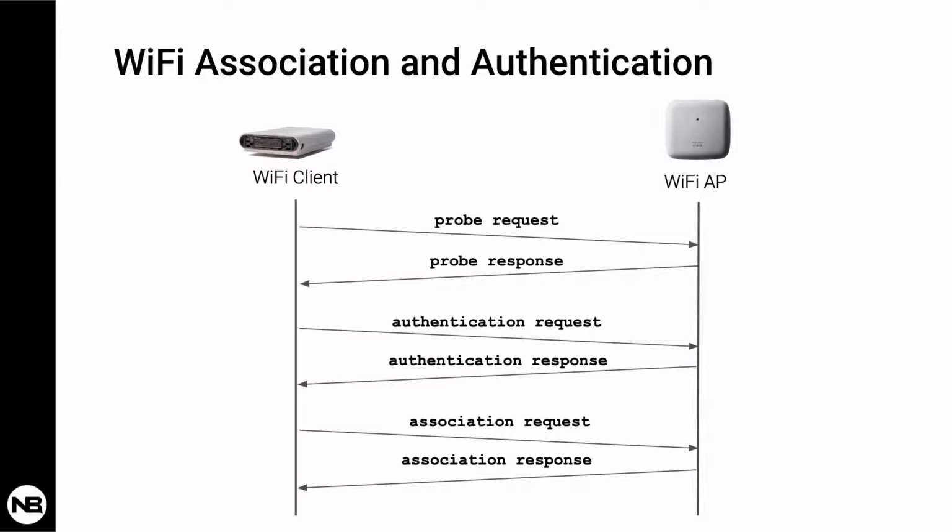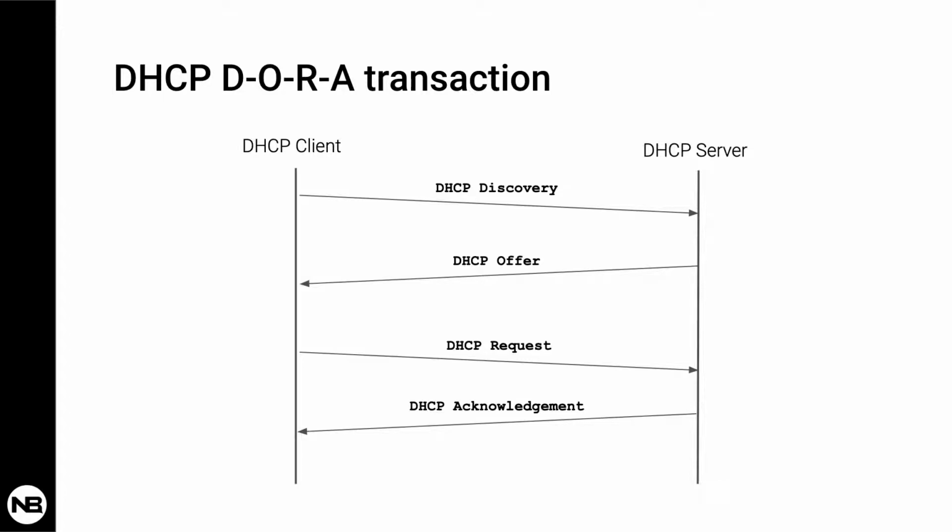After this phase, of course, the client is allowed to access the wireless network, and the network portion, layer 3, comes in with, for example, DHCP. DHCP is the Dynamic Host Configuration Protocol, and it's the phase where the client requests an IP address from the network.